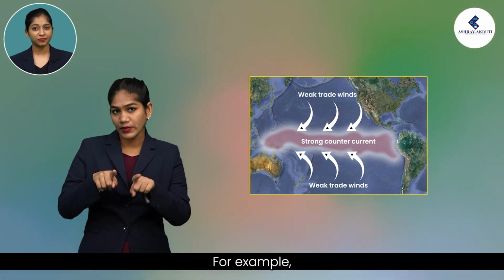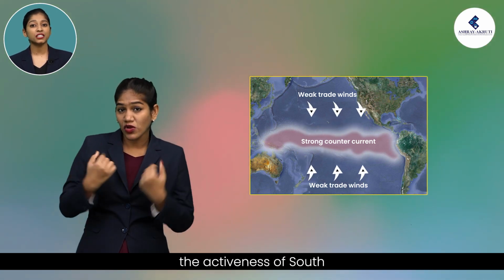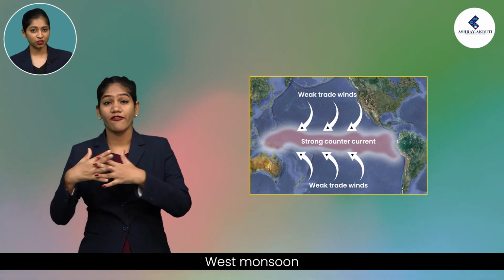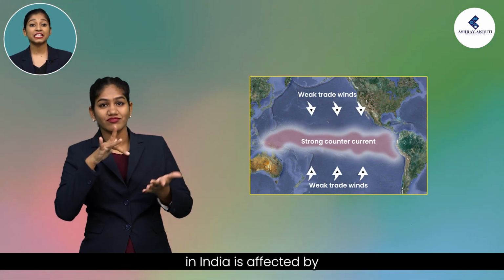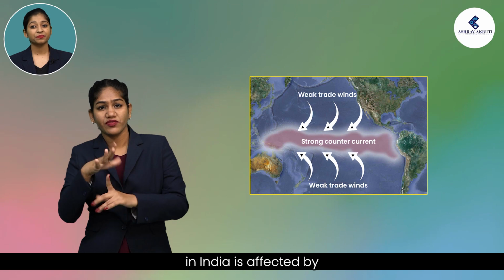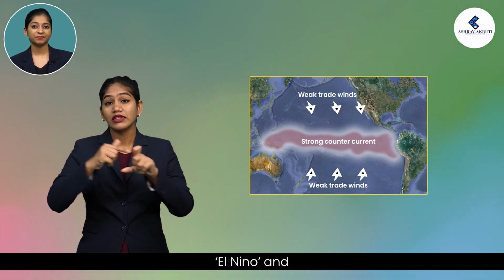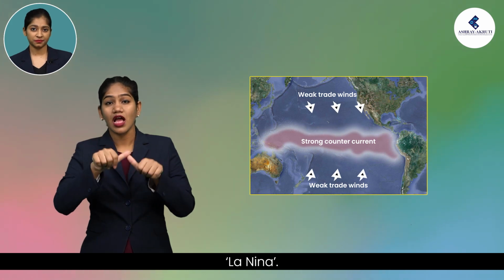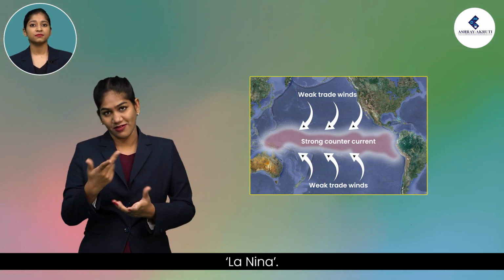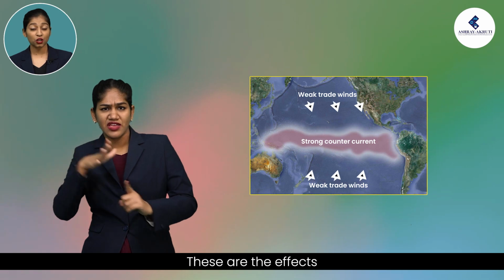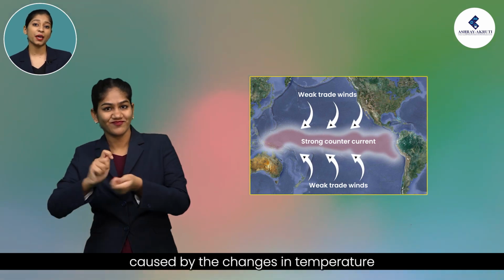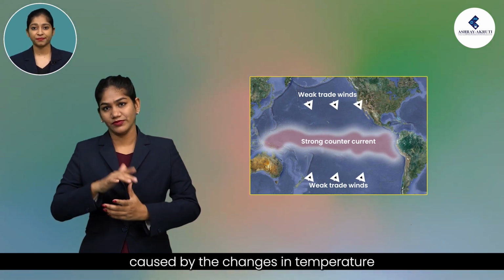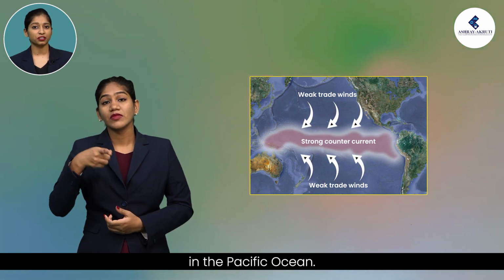For example, the activeness of the south-west monsoon in India is affected by El Nino and La Nina. These are the effects caused by the changes in temperature in the Pacific Ocean.